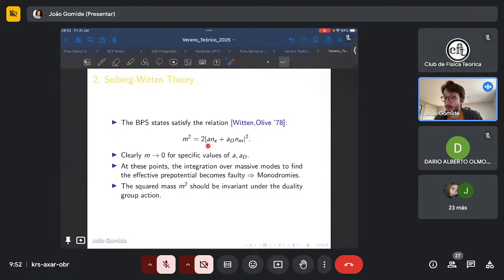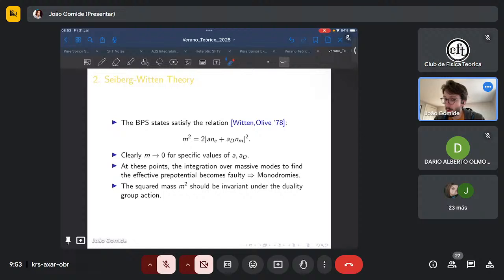This mass will depend on the coordinates I talked about before, which are the values of the VEVs A and A_D. Since we still have this U(1) gauge group surviving, and we have this notion of electromagnetism, the mass of these BPS states will also depend on how they are charged under the remaining electromagnetism theory that we have.